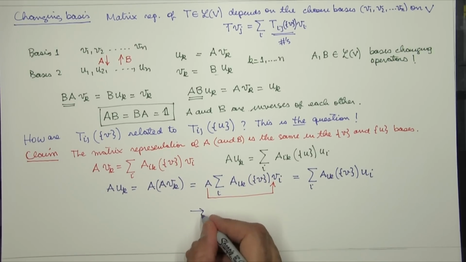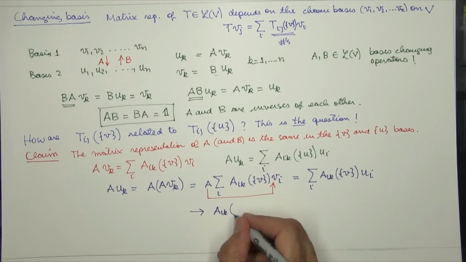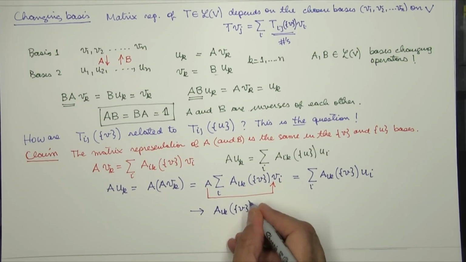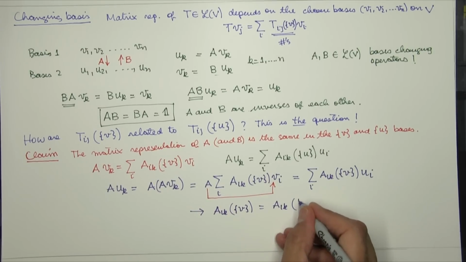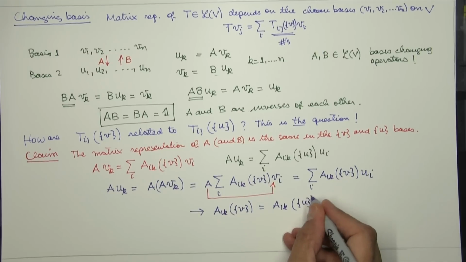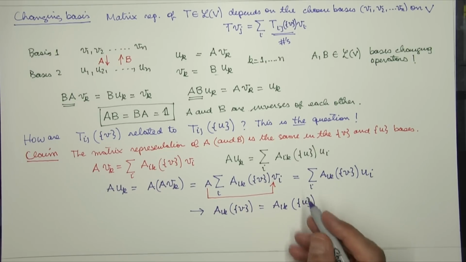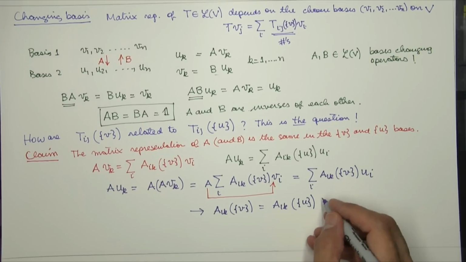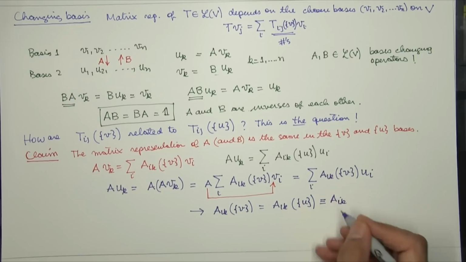So we have learned that A_ik of V is equal to A_ik of U, and therefore we don't really need to specify which set of basis vectors we're using to describe this operator as a matrix, so we just simply call it A_ik.